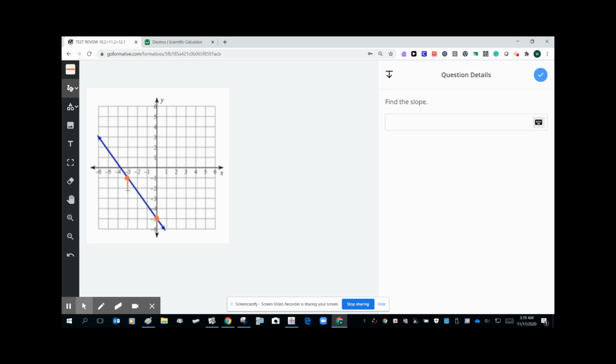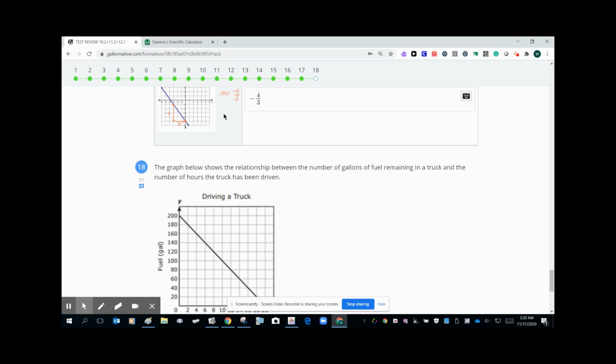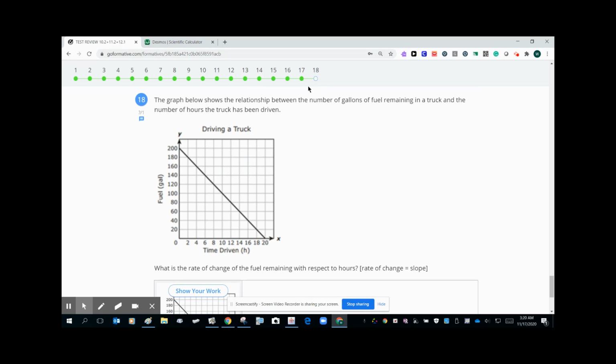So I know that my slope is -1, 2, 3, 4, -4, and I run 3. So my slope is -4 over 3. So -4 over 3. And then we got a green light.